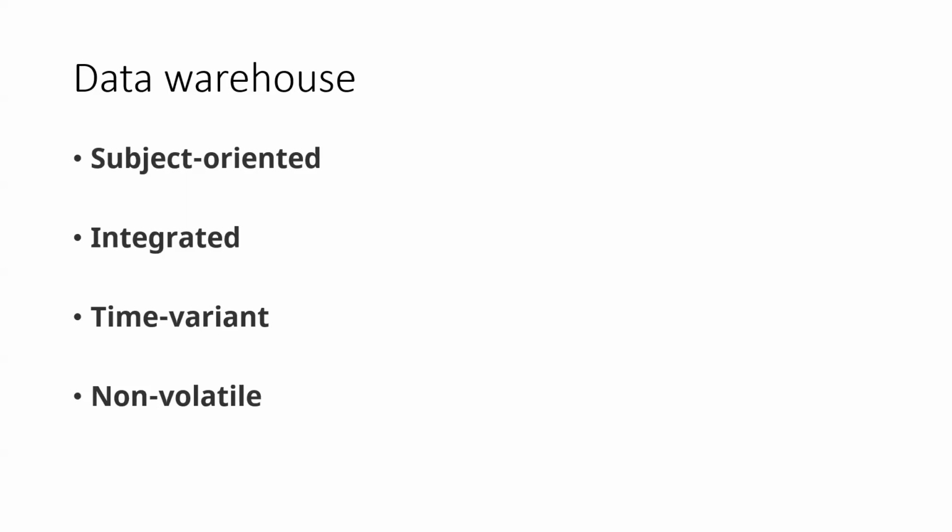So if any disaster happens to a particular data center, I can quickly take it from another data center. This is the concept of cloud. That is why it helps us with a non-volatile data warehouse. But just to mention, a good data warehouse should have these qualities.